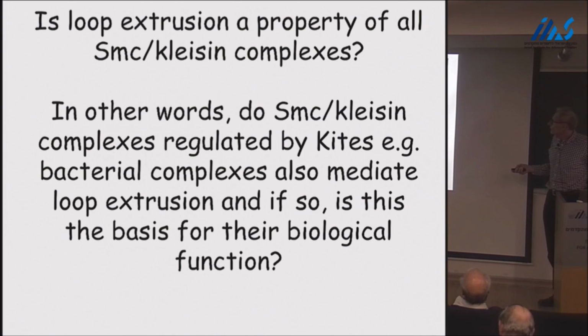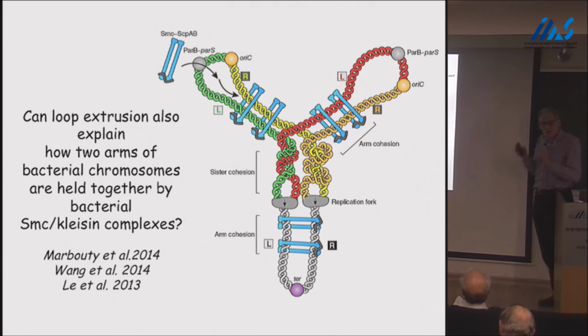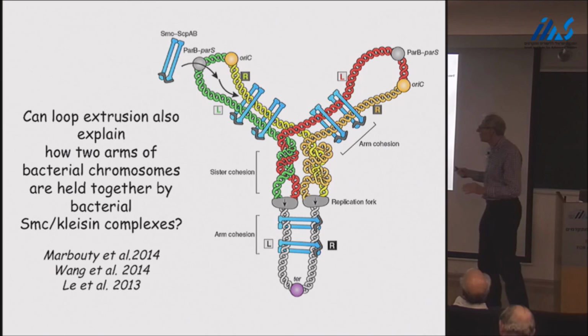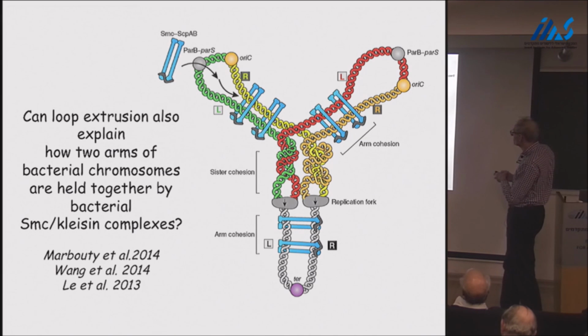And I just want to say that now the bacterial people also think that loop extrusion may be the mechanism by which the two arms of bacterial chromosomes are segregated from each other. So in B. subtilis, the work from Rudner's lab, it's thought that the bacterial complex is loaded close to the origin at the parS sites, and then you extrude the loops, and these complexes run down the chromosome following the replication fork until they get to the terminus.